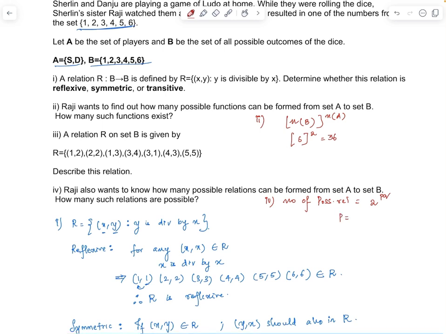Here p is n(A), that is 2, and q is n(B), which is 6. The number of possible relations is 2 power 2 into 6, that is 2 power 12, which is 4096. There are 4096 possible relations from set A to set B.